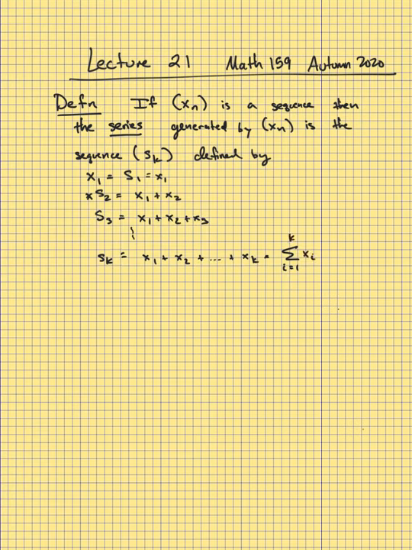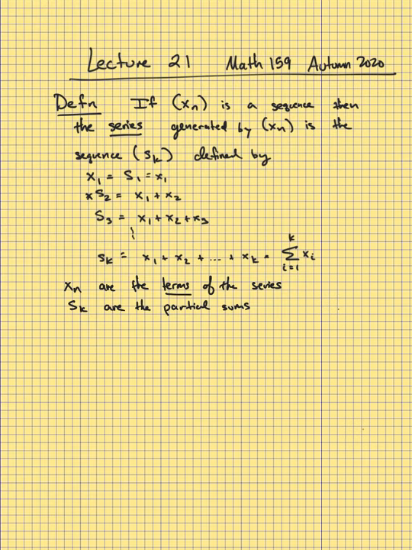All right, so these terms, the x sub n, are the terms of the series. They're the things that you are adding together, and the s sub k's are the partial sums. We think of adding infinitely many terms together, and you have to be careful about what you mean.